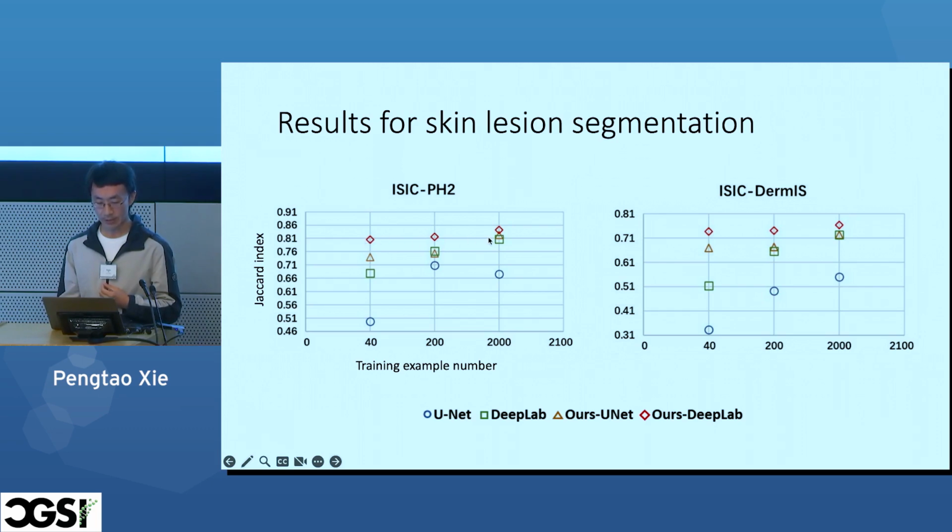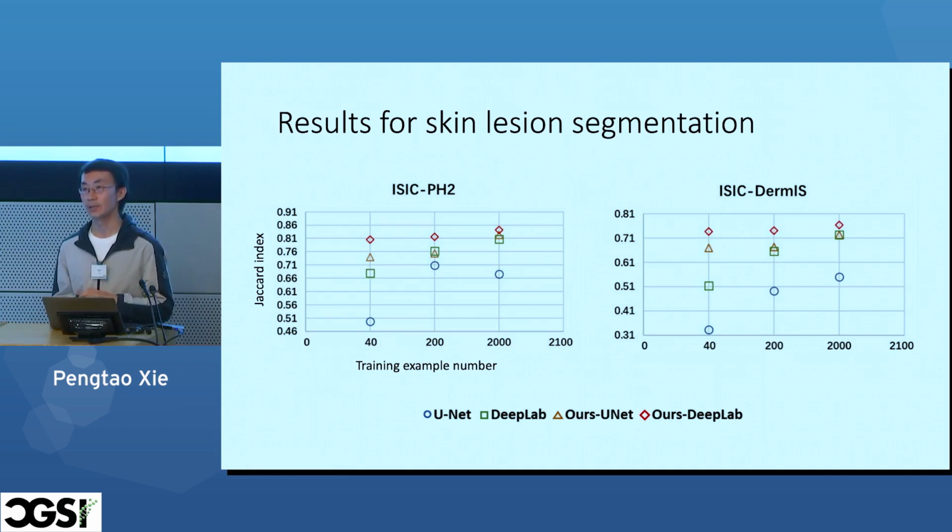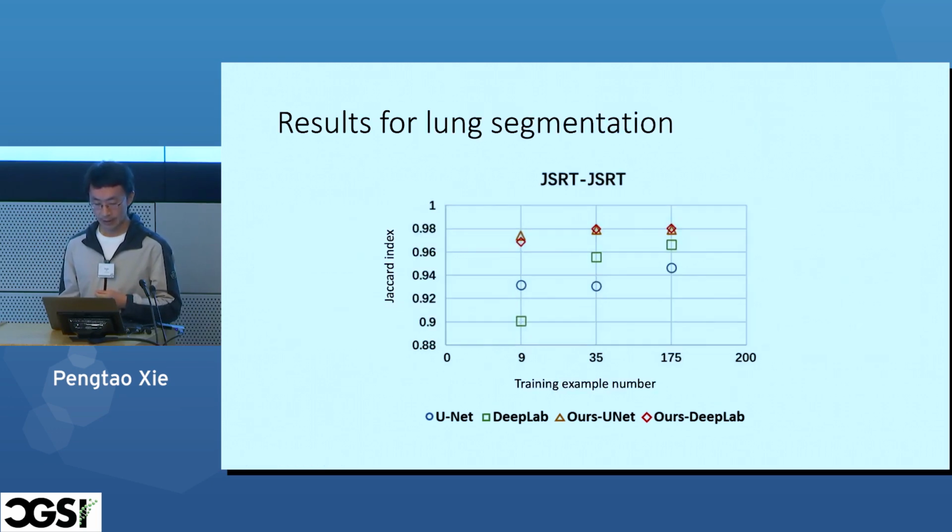Our method achieves similar performance as the vanilla DeepLab, but with much fewer training examples, 40 versus 2,000. Similarly here, we also observe strong generalization performance. These are the results on the lung segmentation, and the observations are similar to the previous ones.